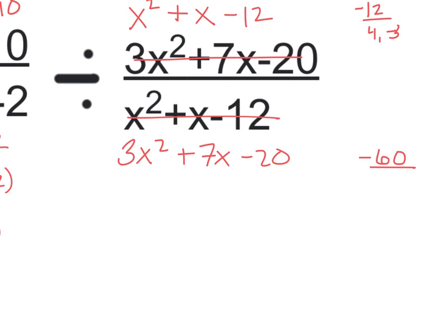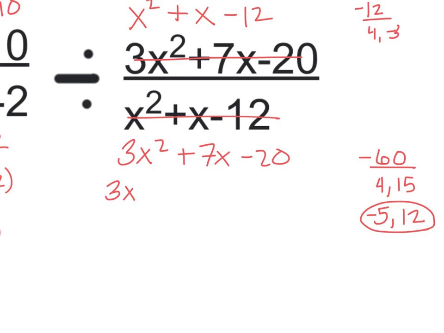I know 60 divided by 4, so I get 4 and 15, but that still doesn't work. So 60 divided by 5 gives me 5 and 12. That works. But I need positive 7 and negative 60, so this negative 5 and 12 has to be my answer.